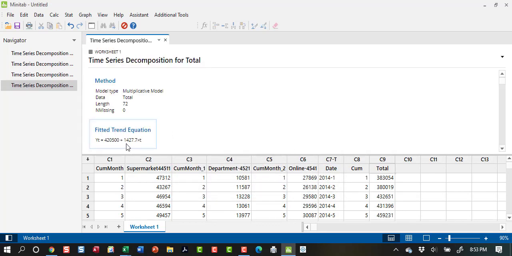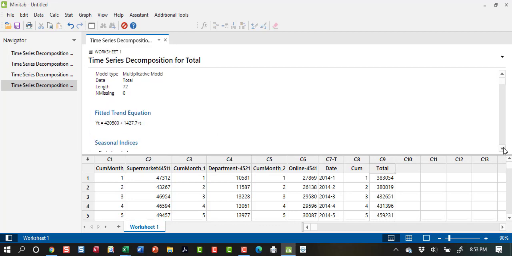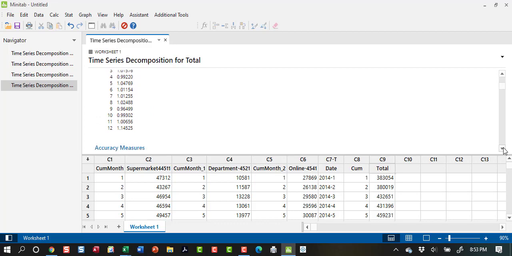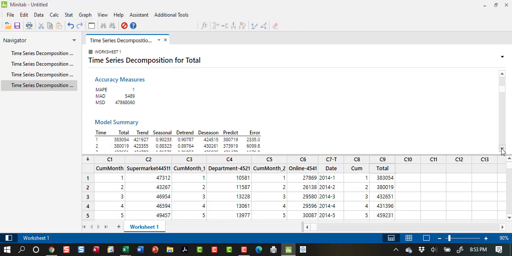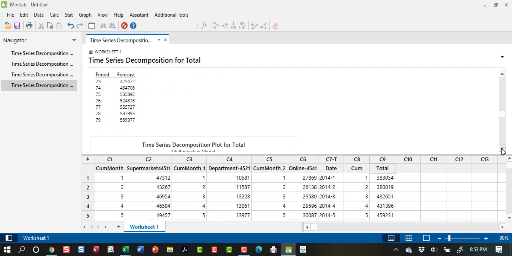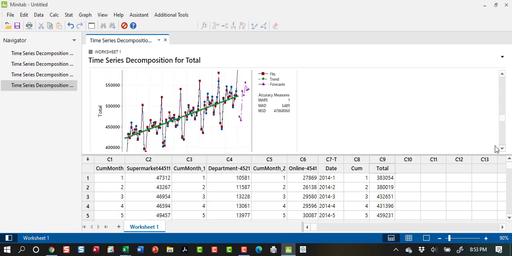We were nudging ahead in the past 6 years at an increase of 1,427 million per month. December, 14% higher than normal. 1% mean absolute percentage error. It was able to do a good job. The past data is steady as she goes, and that upward trend is intact.